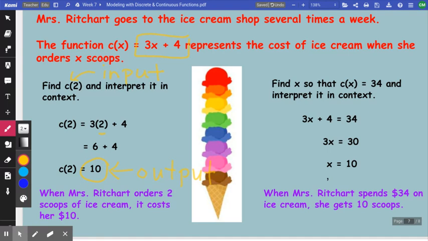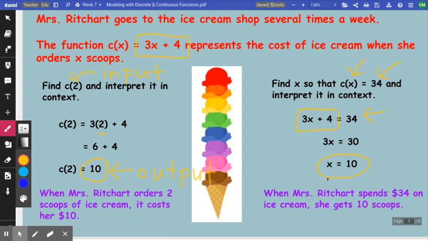Now, doing the last example, it says find x so that c of x equals 34 and interpret it in context. So you'll notice we do not know the input. That's what we are asked to find, but we are given the output. So what I did is I took that rule, the 3x plus 4, and I set it equal to this output. And that allows me to solve the equation and get x to be 10.